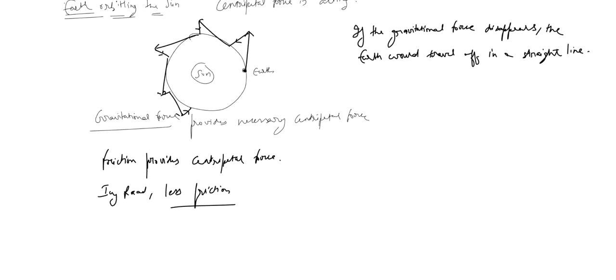Again consider the case when there is no centripetal force. We have discussed that when there is no centripetal force, the Earth would travel off in a straight line. Similarly in this case, when the driver tries to turn the steering wheel and there is no frictional force, the car will continue in a straight line.